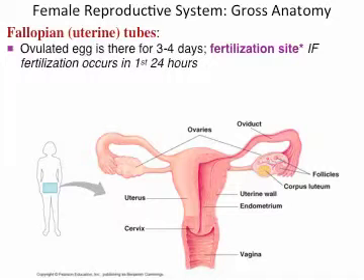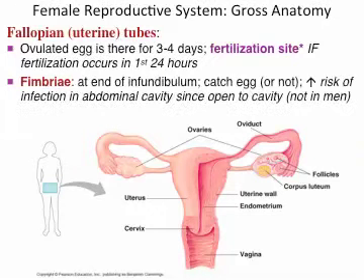But if fertilization occurs in the first 24 hours once the egg has arrived in the fallopian tube, if that egg gets fertilized within the first 24 hours, then you call that the fertilization site.